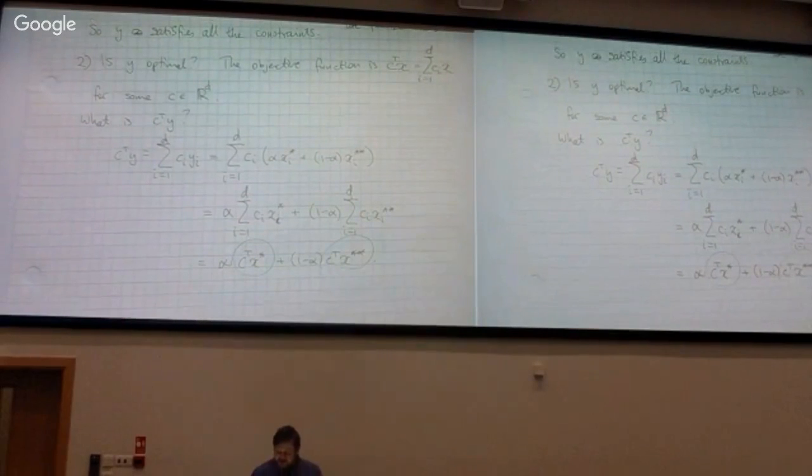Can you say anything about these two numbers? The inner product of C and x star and the inner product of C and x double star. For example, which one is larger? Which one is smaller?